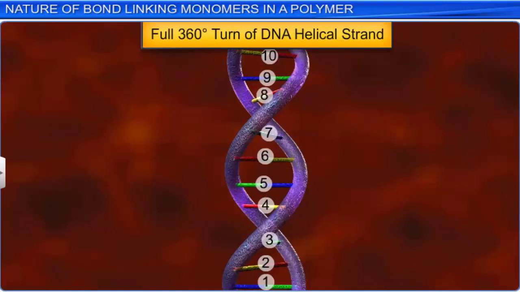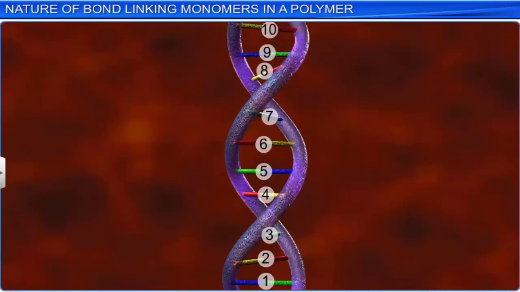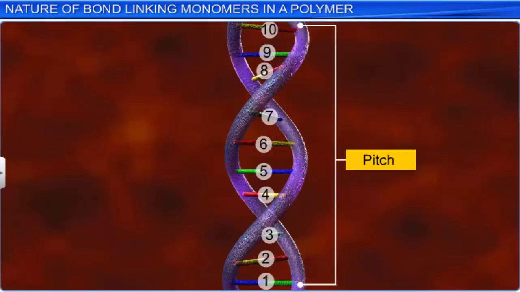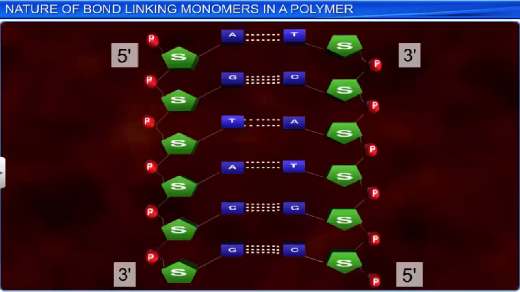The distance along the helix axis corresponding to one turn is known as pitch. In B DNA, the pitch is 34 angstroms. The rise per base pair, or the distance between two base pairs, is 3.4 angstroms.